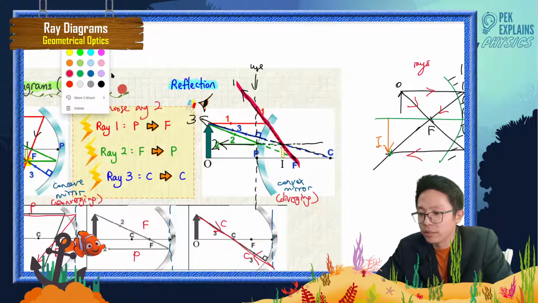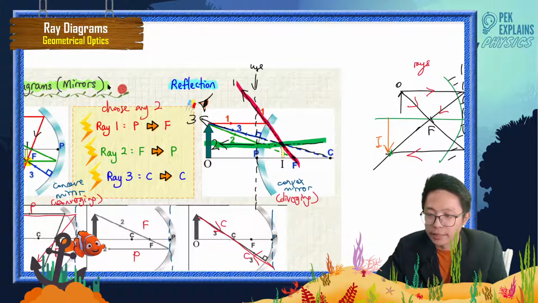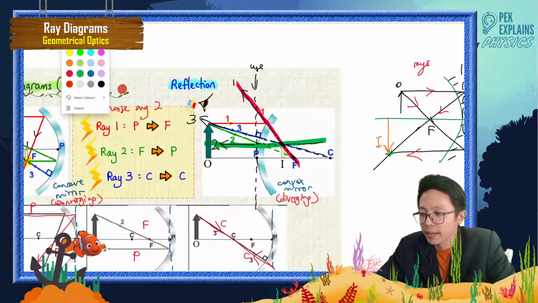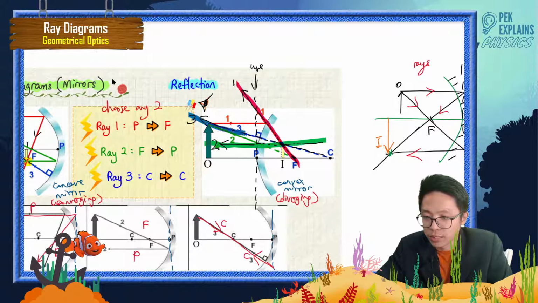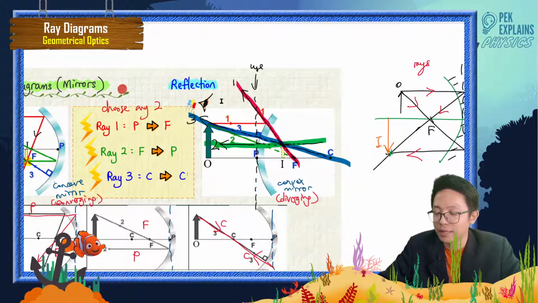And then the second ray, I see it comes from a straight line like that. And then the third ray, I see it comes from a straight line also, like that. Understand or not? I see this light come from here. I see the third ray come from a straight line. I also see the second ray come from a straight horizontal line.